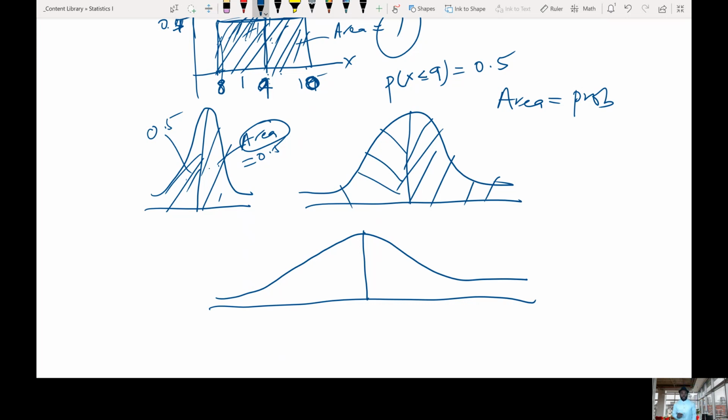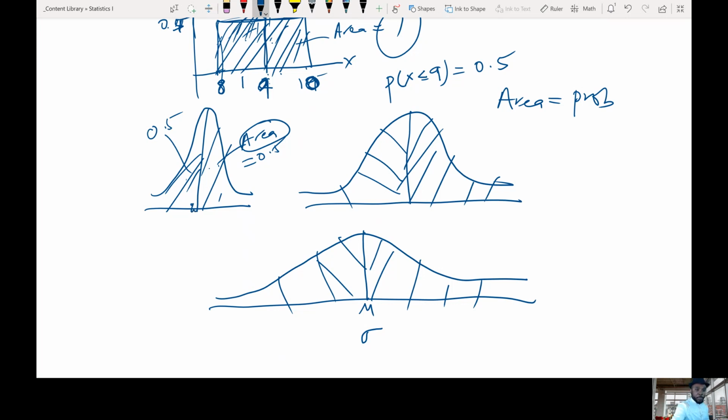What I'm showing you here is that different normal distributions can be obtained by changing the mean and changing the spread, the standard deviation. So these distributions all might have the same mean, but different spread. Changing the mean shifts the distribution left or right.